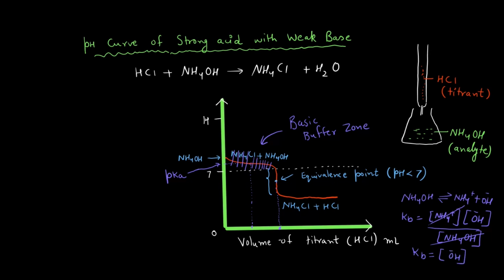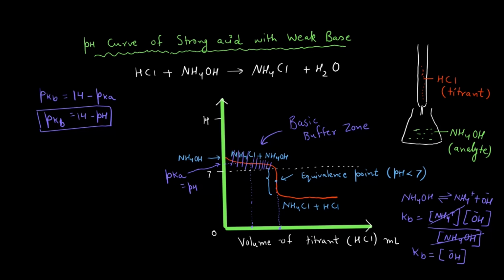So we see that when half the ammonium hydroxide has been converted into ammonium ion, that pH is called pKa, and to calculate the pKb of ammonium hydroxide, we will subtract pKa from 14, that is 14 minus pH will give us the pKb of ammonium hydroxide. So this pKa equals the pH here.